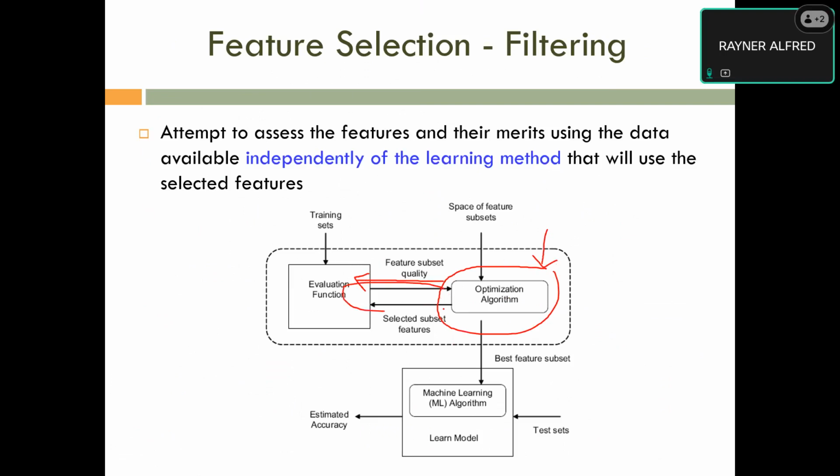So they will go around here, around here. Basically, in a filtering approach, the machine learning algorithm is separate from the algorithm used to find the nearest neighbor.